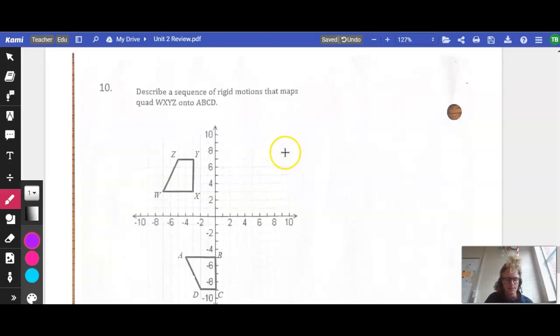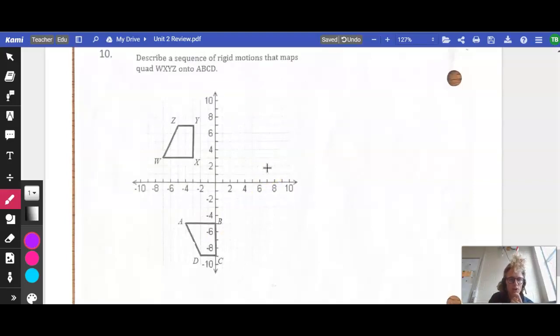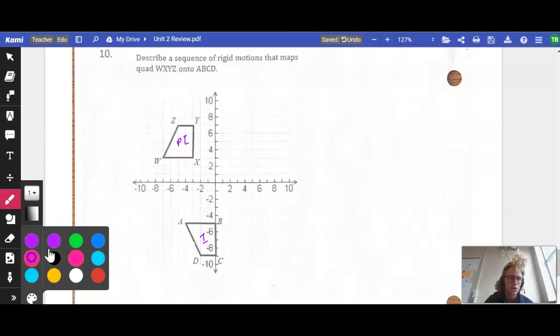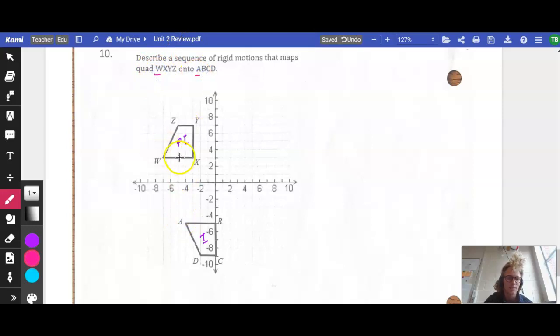Number 10. Describe a sequence of rigid motions that maps quad WXYZ onto ABCD. Pre-image, image. First thing is a translation. So I'm going to map W onto A because they're both the first letter.